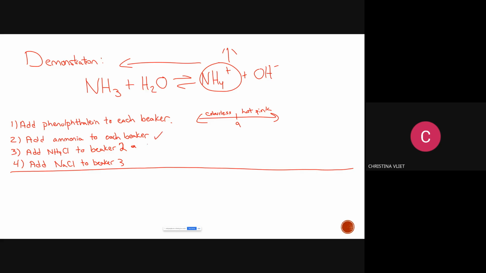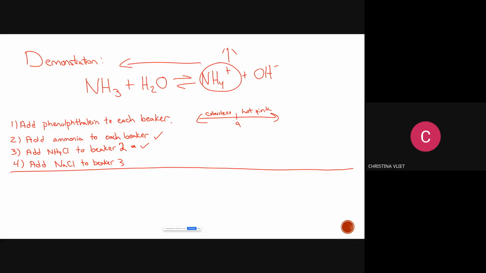So I did have something I wanted to test. What if I had added NaCl to a beaker? This was NH4Cl that I added over here, and I saw the color disappear. What do you predict would happen if I added NaCl to a beaker? Let's see. Some salt. Oh no, not my NH4Cl.